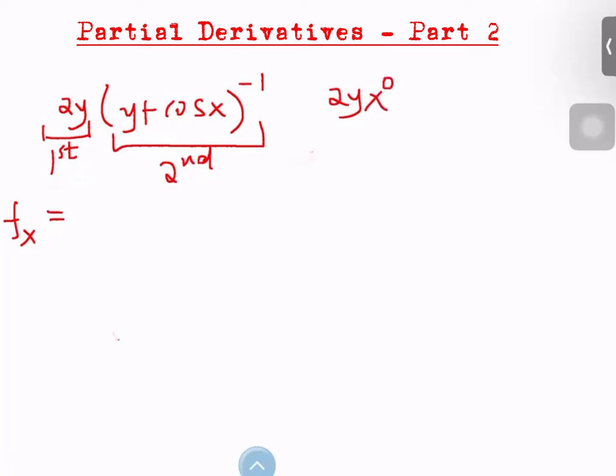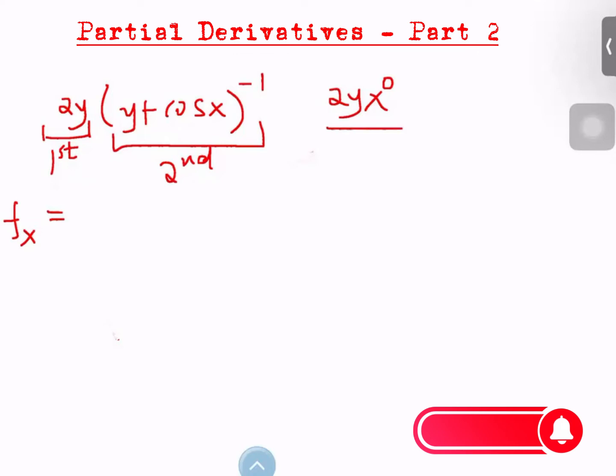Even if we introduce an x power 0, the result still remains 2y. If we differentiate this with respect to x, we bring the 0 down, and you have 2y x power 0 minus 1. If you multiply anything by 0, you get a 0.